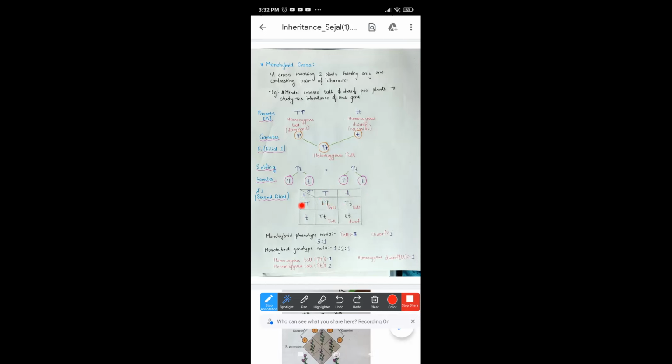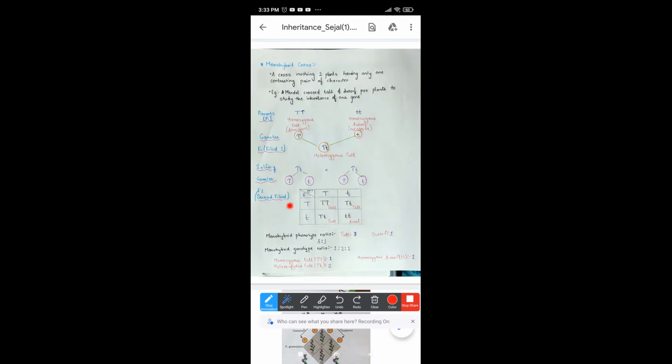Capital T and capital T: in this box, we get a homozygous tall. Capital T and small t: in this box, we get a heterozygous tall. Small t and capital T, we get heterozygous tall. And small t and small t, we get homozygous dwarf.